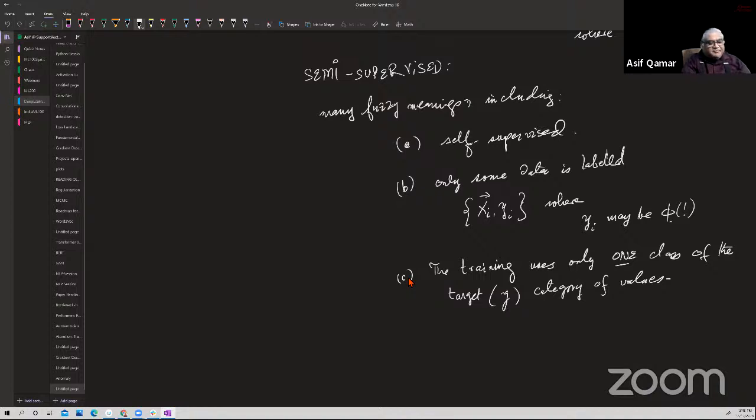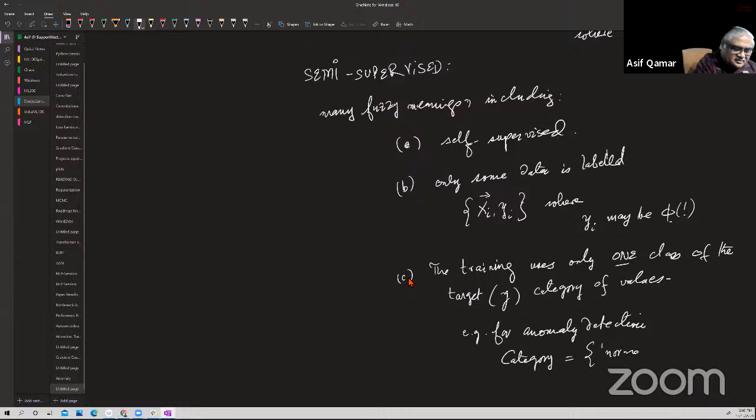Right. So for example, in the case of anomaly detection, it was very straightforward. What are the two categories? For e.g., for anomaly detection, category is normal, anomaly, right?